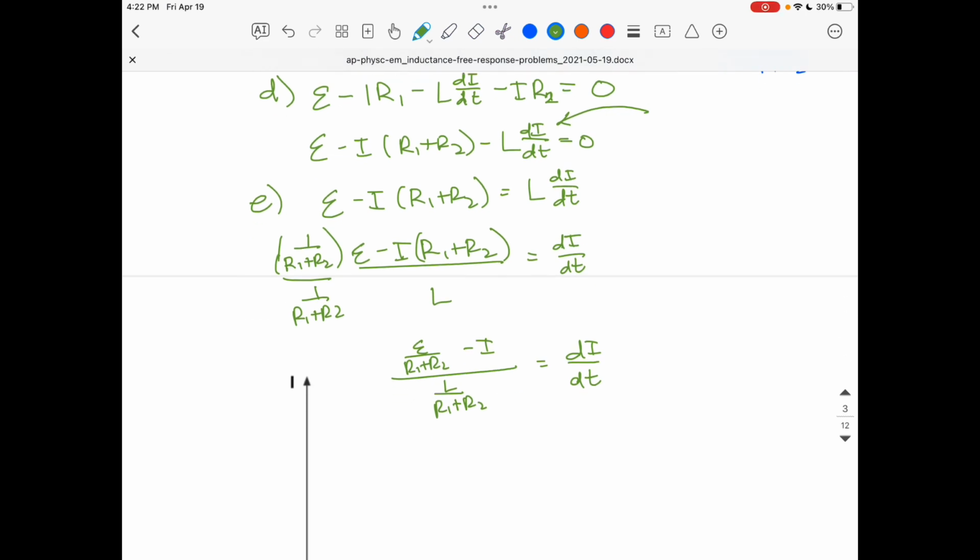And then I am going to divide this to the other side. And then in the end, I can switch this to its reciprocal.